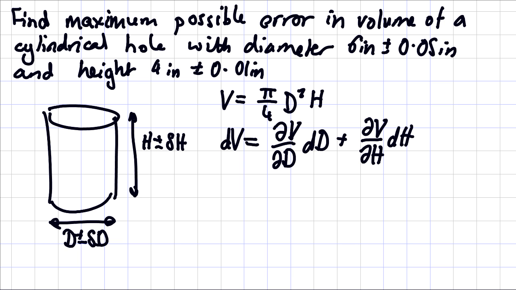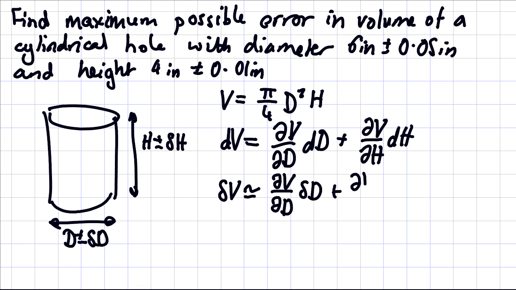This formula is only exactly valid for infinitesimal quantities. So we need to say that when we're working with finite variations, using deltas rather than d's, this formula is only approximately true. And finally, we're looking for the maximum possible error.